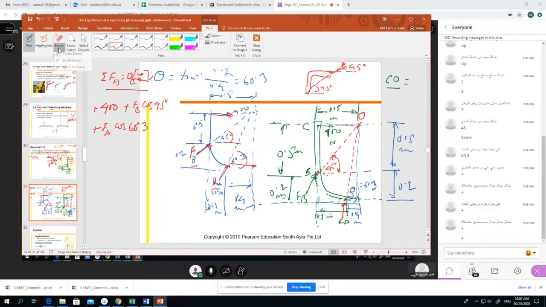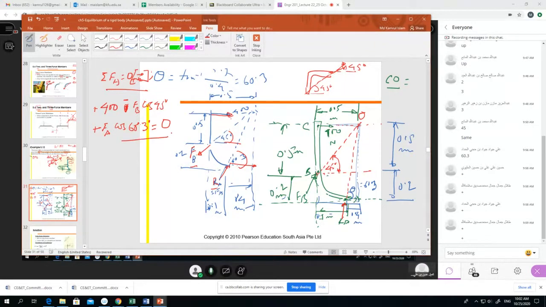If it is downward, here it will actually be minus, not plus, minus 63.3 degree equal to, there is no force, so equal to 0.